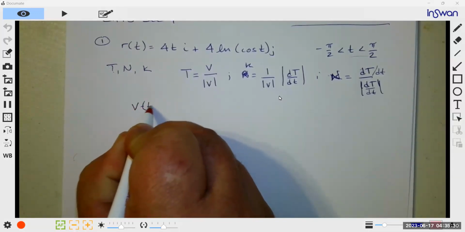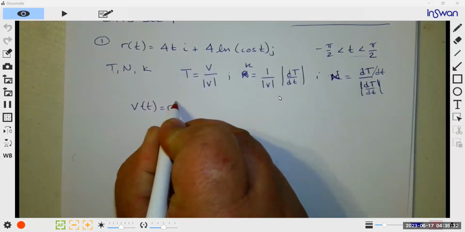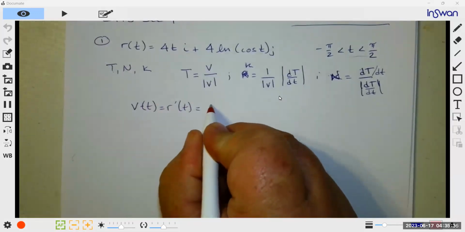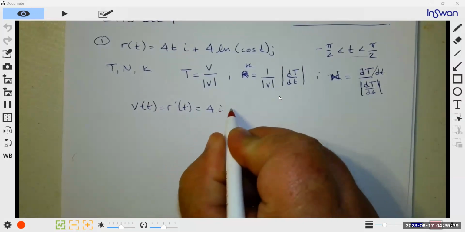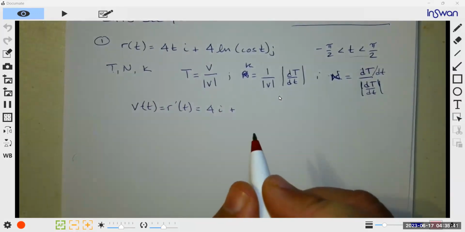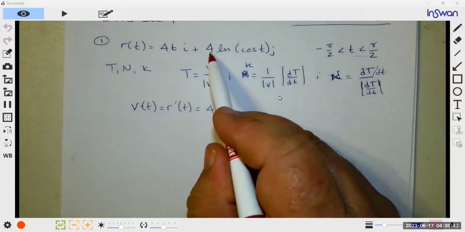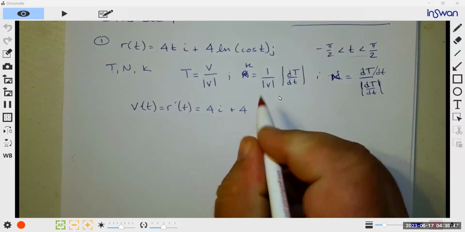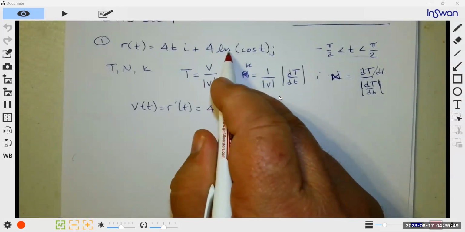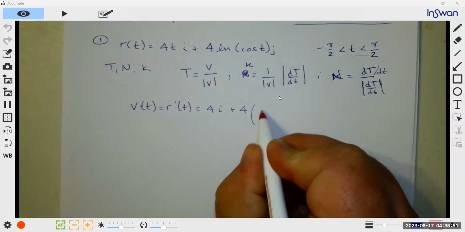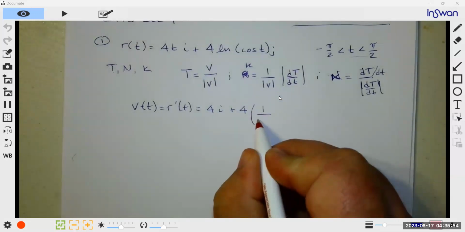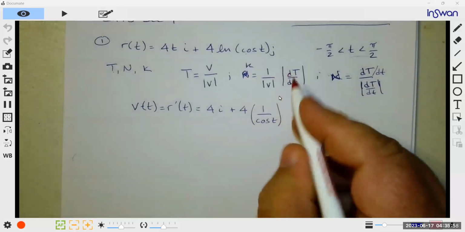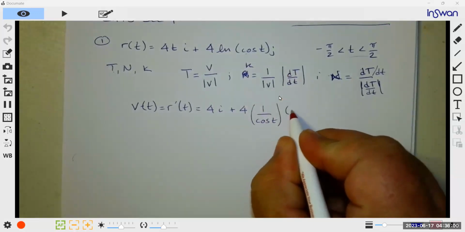v of t is the derivative of r of t. The derivative of 4t is 4. The derivative of 4 ln cosine t: 4 is a constant, it stays there. The derivative of ln is 1 over x, which is 1 over cosine, times the derivative of cosine, which is negative sine.